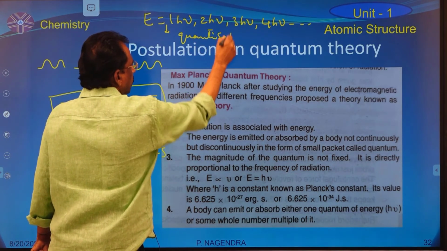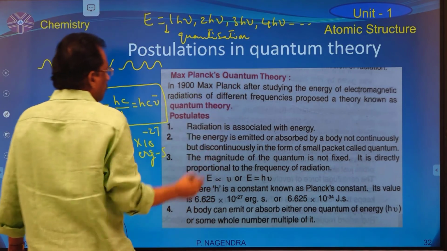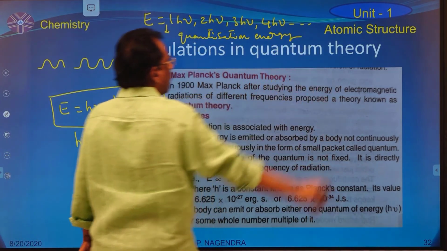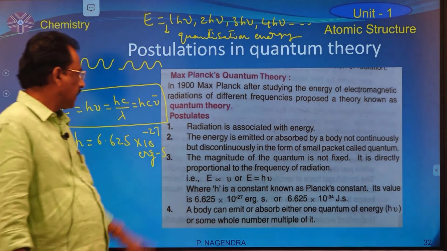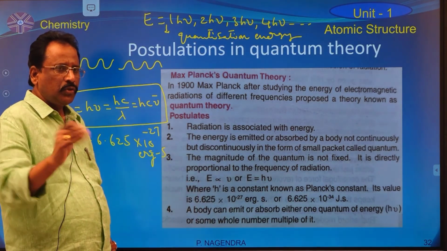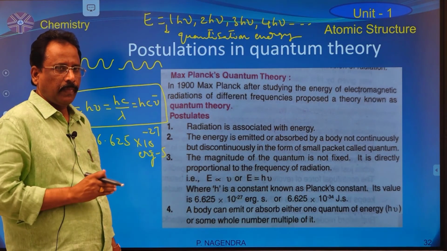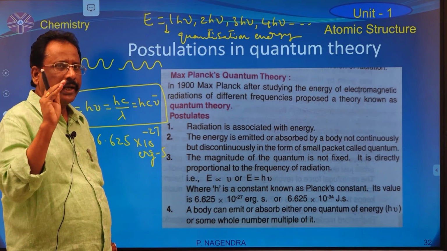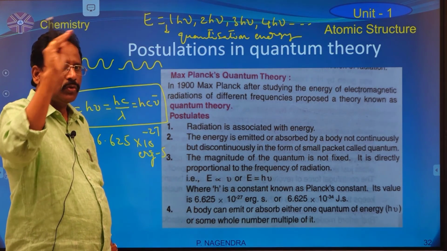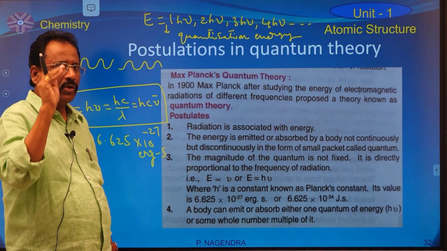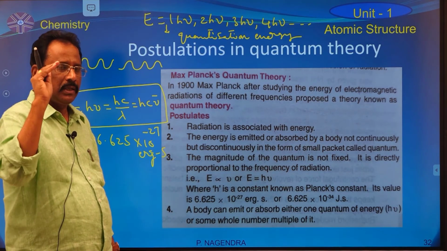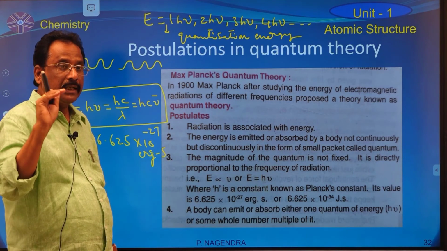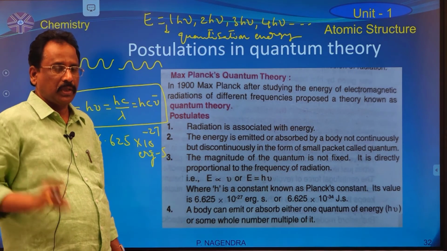This is also a very important assumption. Quantization means no fractional values. That's why the same theory was used by Niels Bohr. According to Bohr's theory, small n is equal to 1 is the K orbit, n is equal to 2 the L orbit, n is equal to 3 the M orbit, but not n is equal to 1.5. Intermediate energy states are impossible.